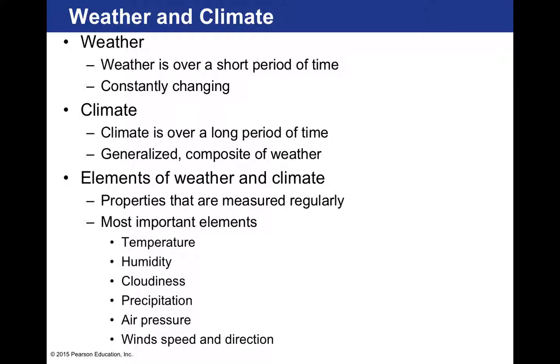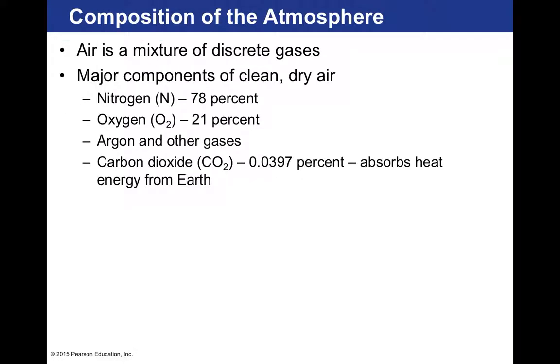So our climate here, we can have snowstorms, but we could also be really warm in the summer. So there are elements of the weather and climate. So things that could affect it include temperature, humidity, cloudiness, precipitation, air pressure, and wind speed and direction.